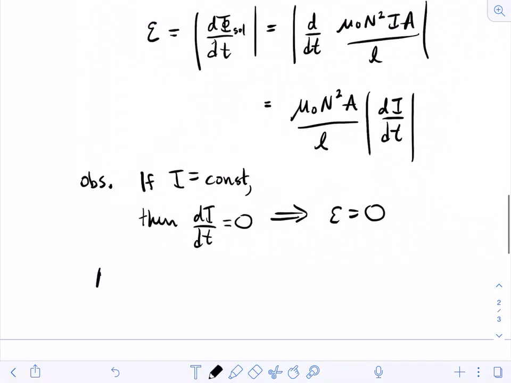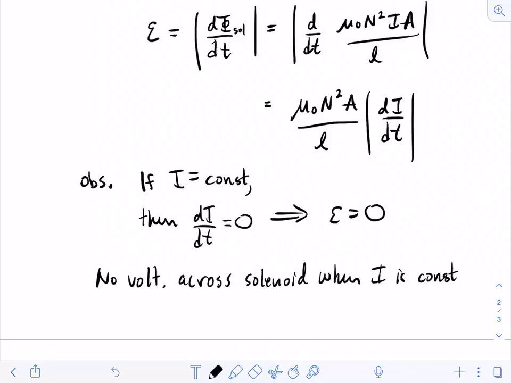So there is no voltage across the solenoid when I is a constant. On the other hand, we were calculating the magnitudes of these EMFs. On the other hand, if I is not constant, then it looks like by Faraday's law that we get a non-zero voltage across the solenoid.